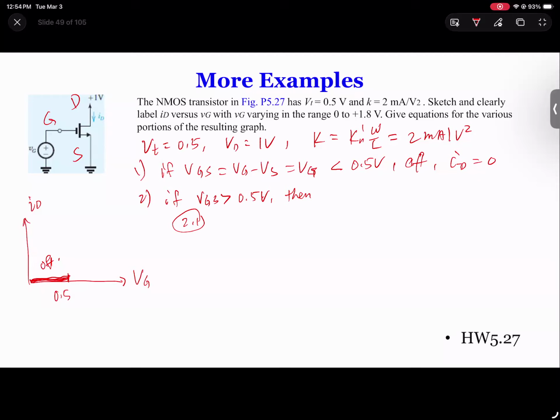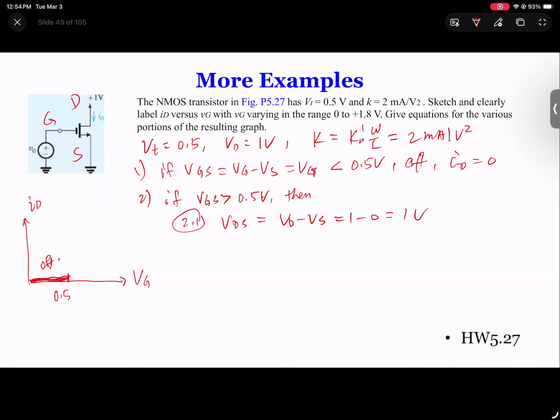It will decide that by VDS. So in this case, you guys look at this. So it's 1 volt because VDS is VD minus VS, and VD is 1, VS 0. So you get 1 volt. So this is 1.